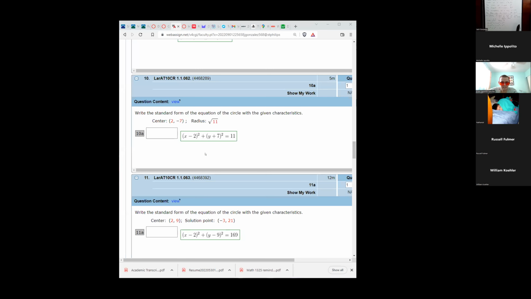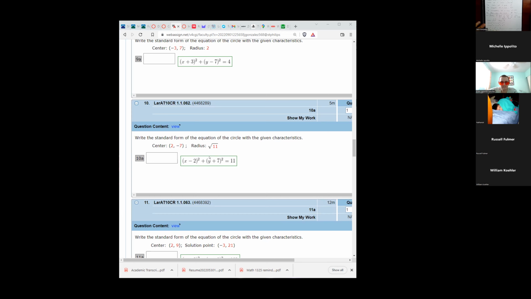So this is the same instructions, so I'm not going to write it again. Center is 2, -7. Radius is square root 11.